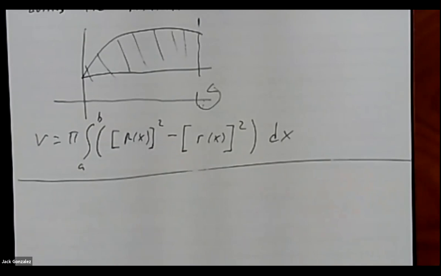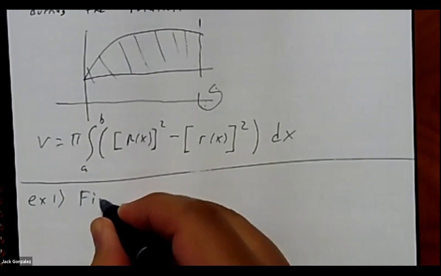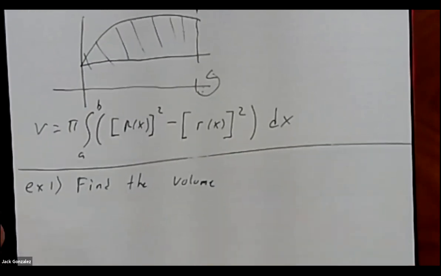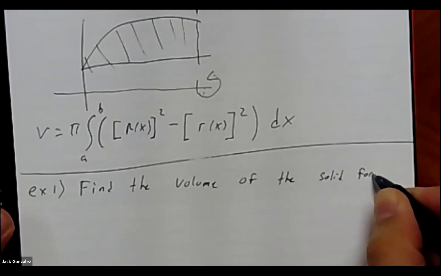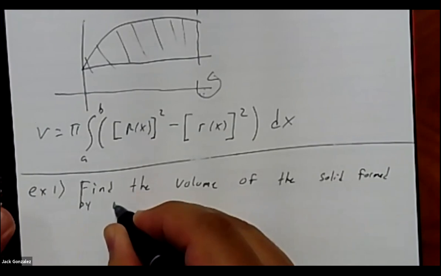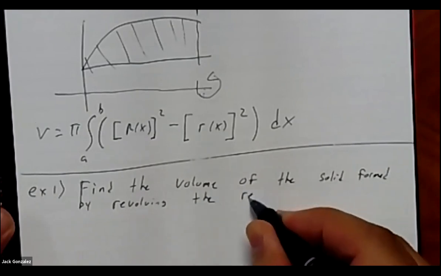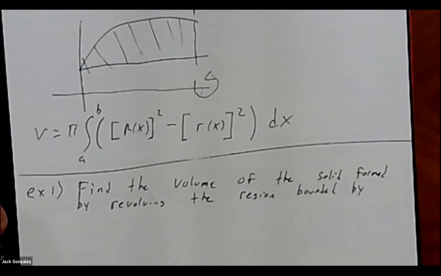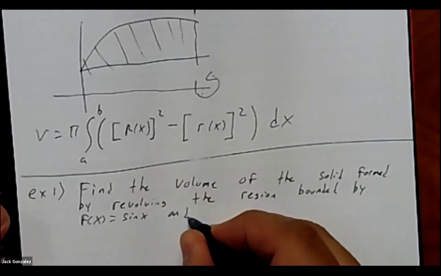Let's do an example, try to make sense of this. Find the volume of the solid formed by revolving the region bounded by f of x equal to the square root of sine x and the x-axis.